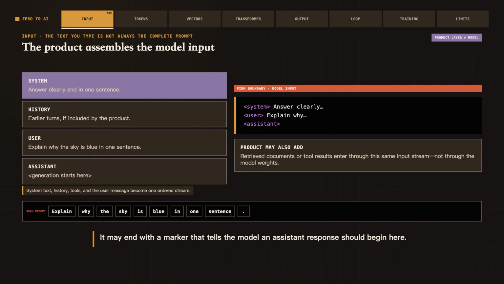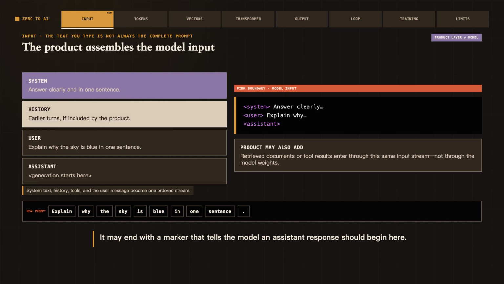It may end with a marker that tells the model an assistant response should begin here. If the product uses retrieval, it may insert passages from documents. If it uses tools, it may insert the result of a search, calculation, or database query. If it supports images or audio, other encoders and special input representations may also be involved.